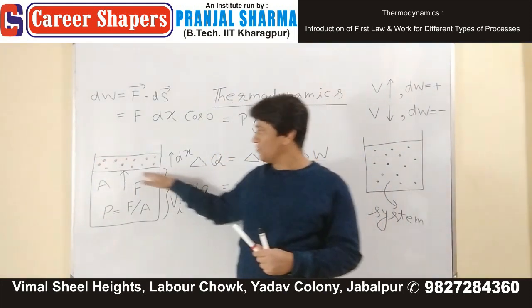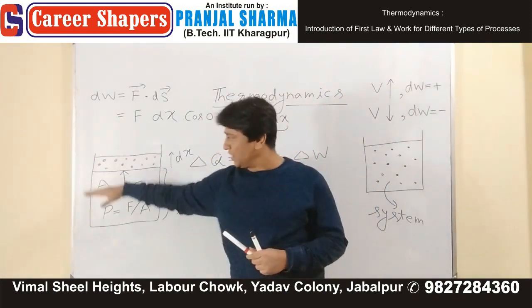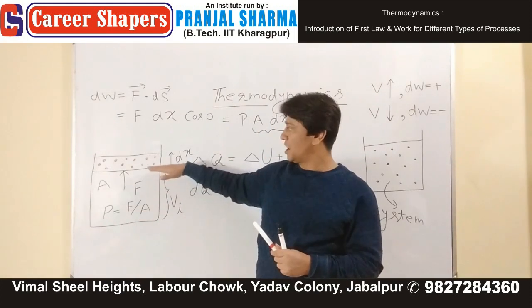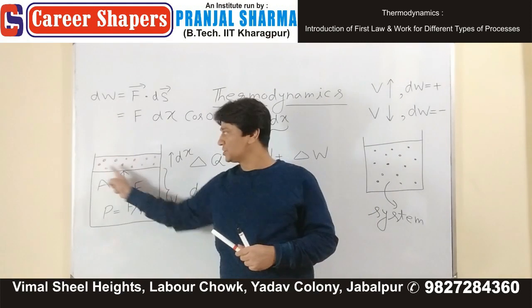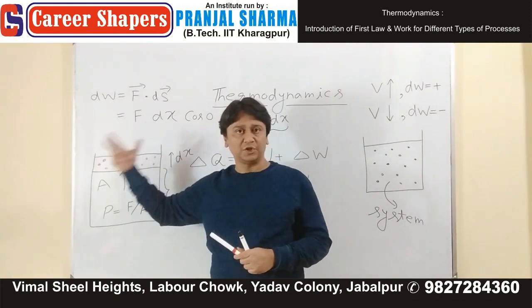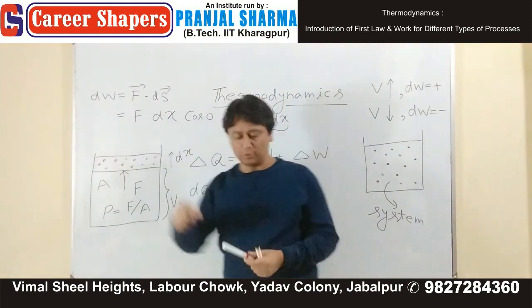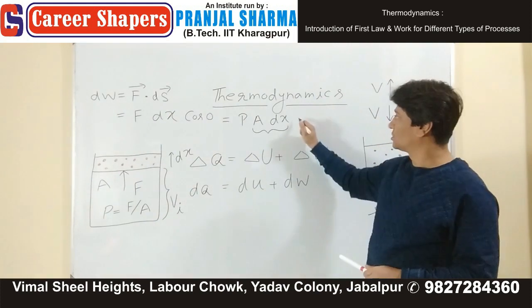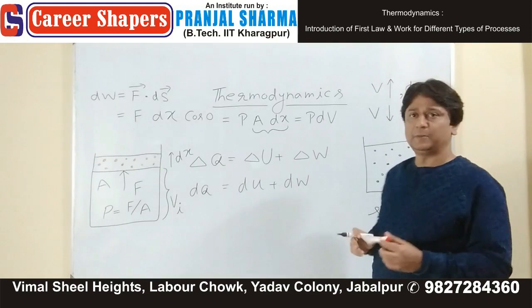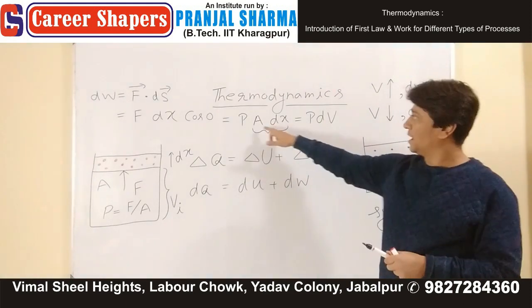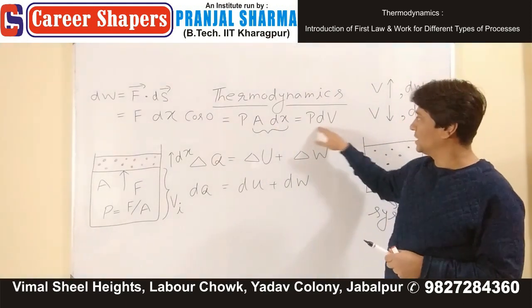Earlier they were confined in the V initial region, but now as the piston moves and occupies this position, you have this much additional volume. So what is A dx called? A dx is called dV.